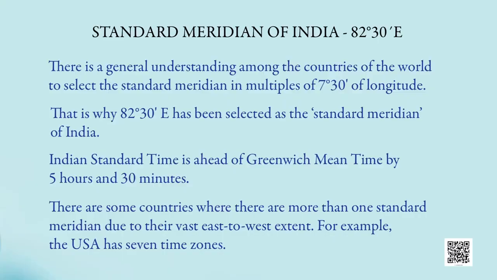82 degrees 30 minutes east longitude is taken as the standard time of India. Now you must ask, why such a longitude with an odd number? This is a general understanding between the countries that when we take a longitude, it should be exactly divisible by 7.5. That is why such an odd value.